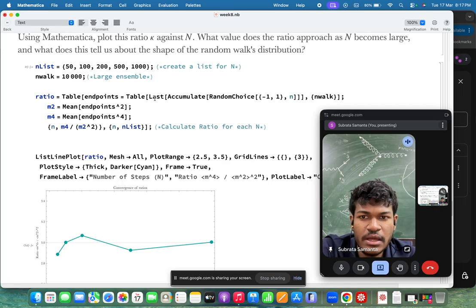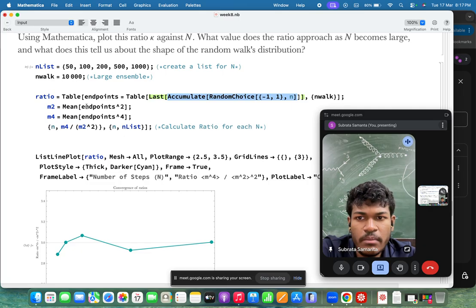So, that is basically the last number in the list. So, that is my n points, and I calculate the mean of these endpoints for different paths. So, I have 10,000 paths, meaning 10,000 ensembles, and I calculate M2 from these paths, which is basically the mean, and M4 is basically the mean of endpoints to the power 4.